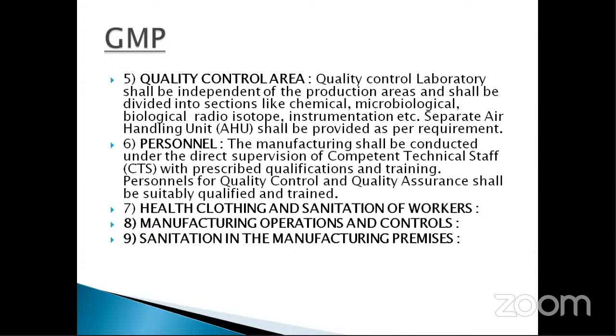It is the air handling unit. Air handling units shall be provided as per the requirement of that area. As per the requirement of the area, you have to provide different types of AHU. So QC should have a separate AHU, not mixed with the production area.